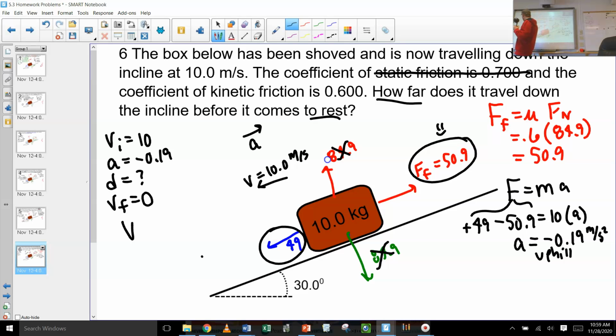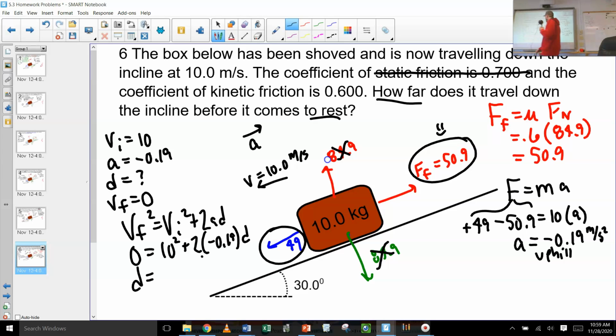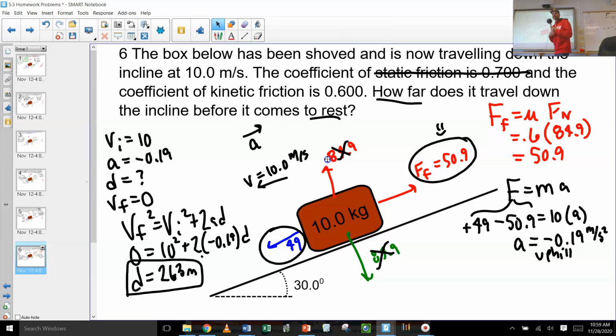VF squared equals VI squared plus 2AD. Final velocity, initial velocity, the acceleration, negative 0.19 times my displacement. So 100 divided by, you put it to the other side, so this all becomes positive in the end, 263. 263 meters.